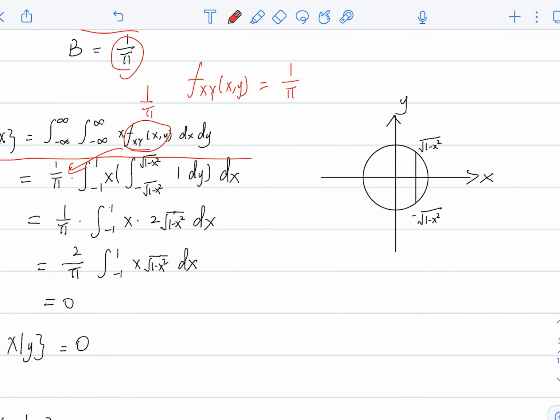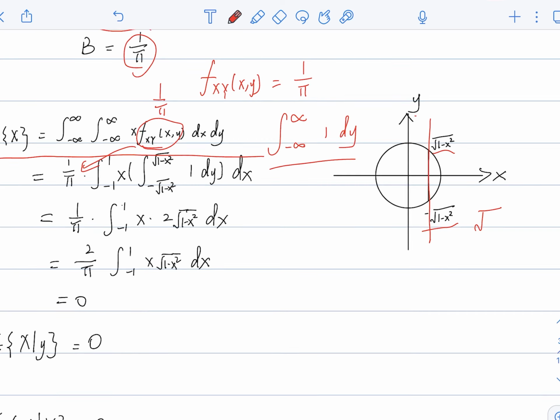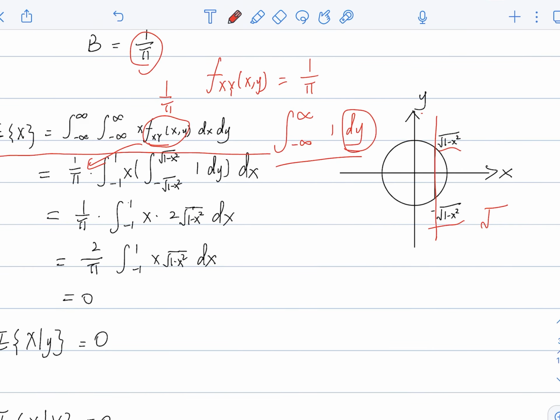Next, we see the domain of this, and for a given x, the domain of y is from the negative square root of 1 minus x squared as the lower bound, to the square root of 1 minus x squared as the upper bound, and this is the range of dy.